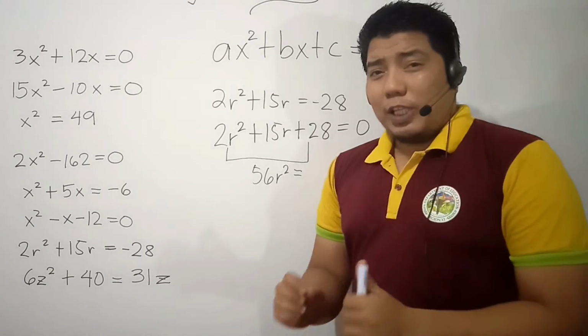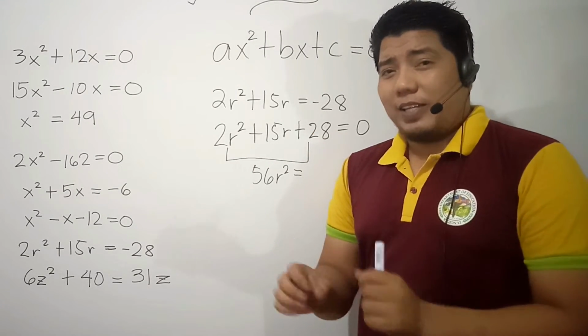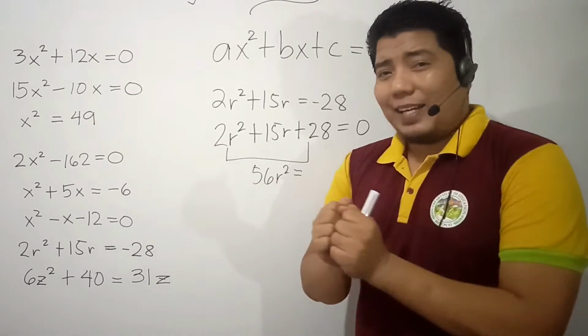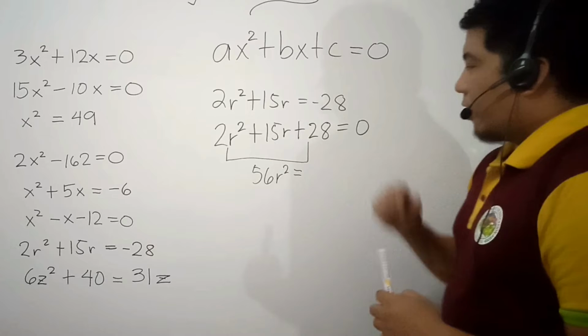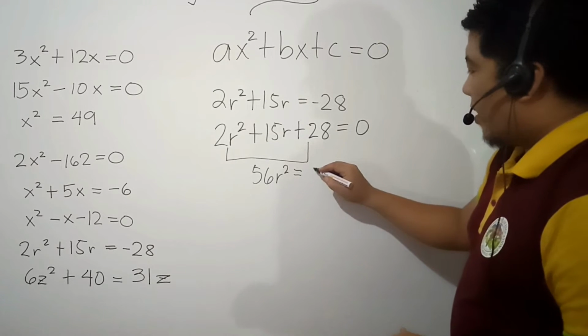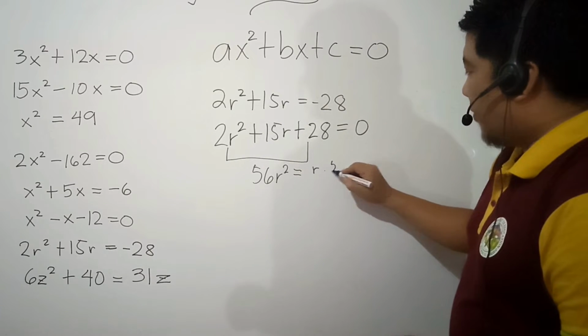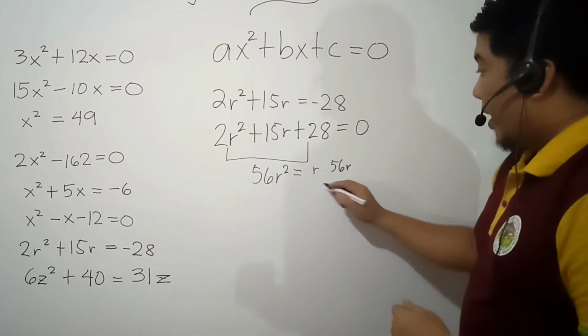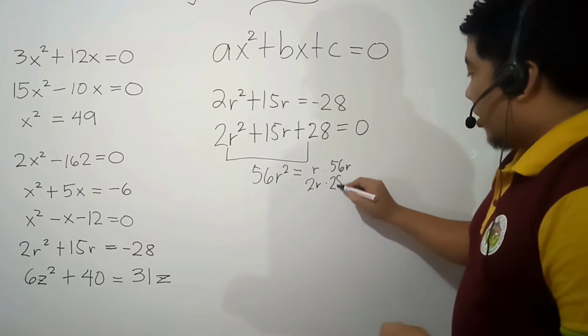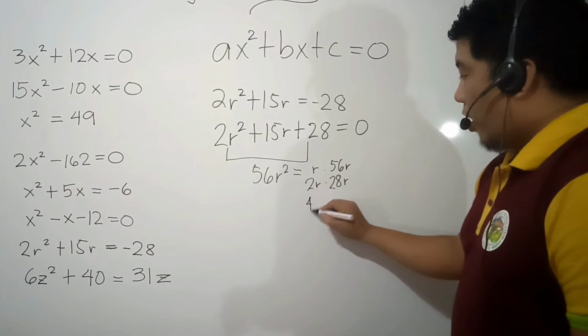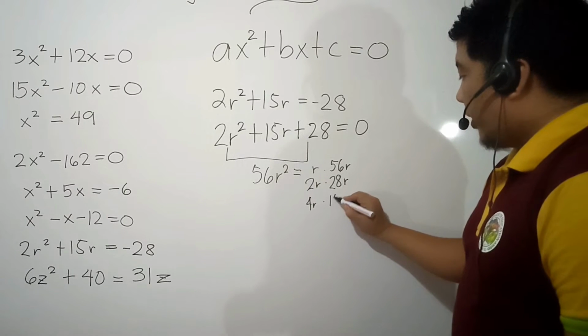So what you need to do is factor 56r squared such that the factors, when added together, will result in 15r. What are the factors of 56? We have r and 56r. Next we have 2r times 28r. We also have 4r and 14r.